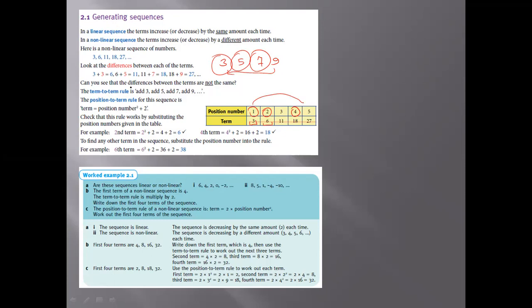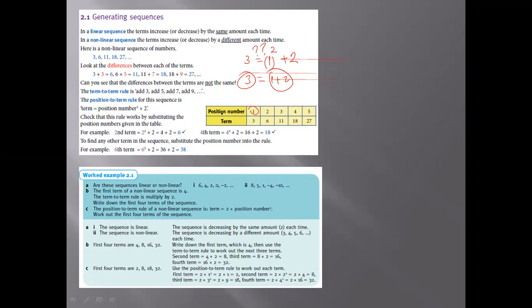For this sequence, the formula is: term is equal to position number squared plus 2. The position of 3 is 1, the first position: 1 squared, in brackets, plus 2 in the formula. Let me check it. Is it correct? 3 is equal to 1 squared, which is 1, plus 2. Yes, exactly. 3 is equal to 3, correct.